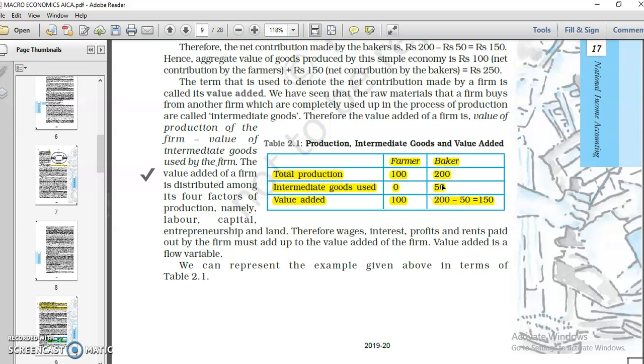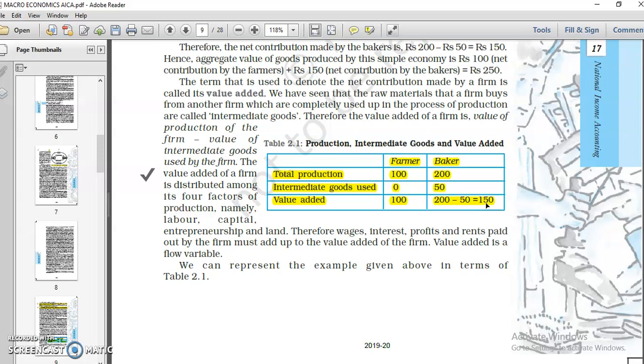So once you calculate value added, you have to take only what? Value of final goods and services. So final goods produced by the farmer rupees 100 plus what about the final goods produced by the baker? It is not 200, because 200 is the total goods produced by him. Out of the 200, 50 rupees he has purchased, which is called intermediate goods. It becomes rupees 150. So once you total 100 plus 150, you can say total goods produced by two sectors, farmer and baker, become 250.